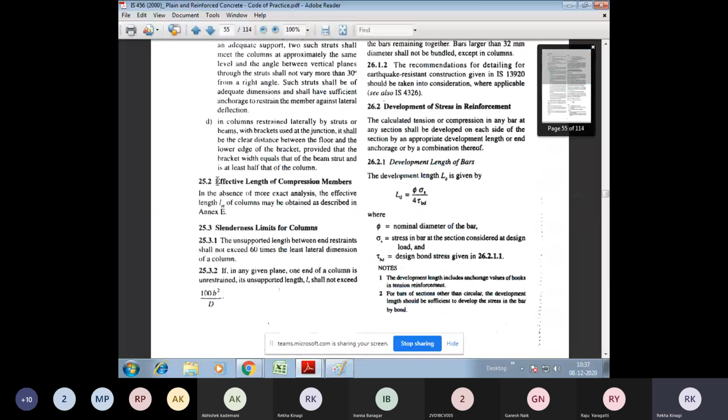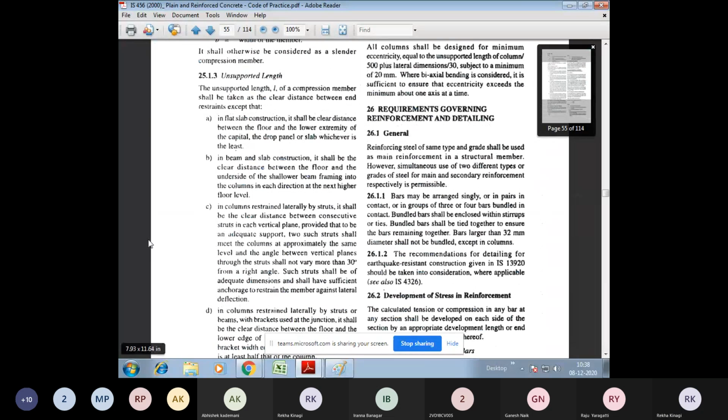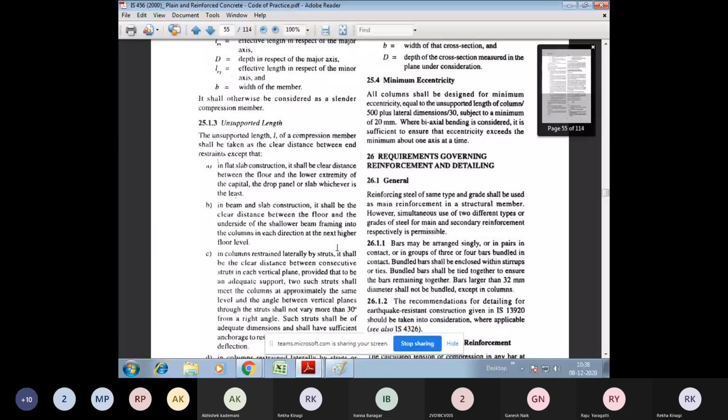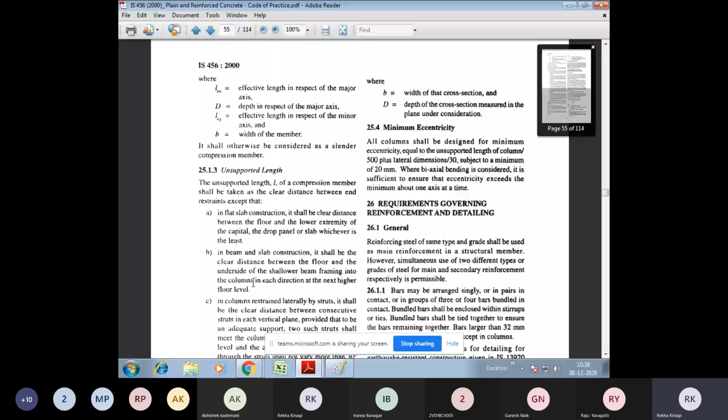Effective length of the compression member. So here we have the slenderness limits for the columns, and the same thing we are going to use in the numericals. And even for the unsupported length we have the codal provisions here, which we can refer to.